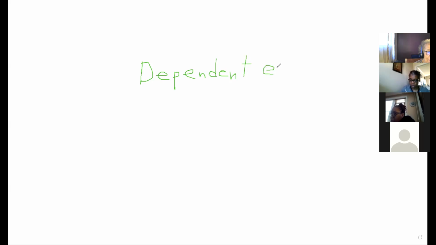I'll give you an example. Now, a card deck has how many cards? 52, right? So we have 52 cards in a deck.